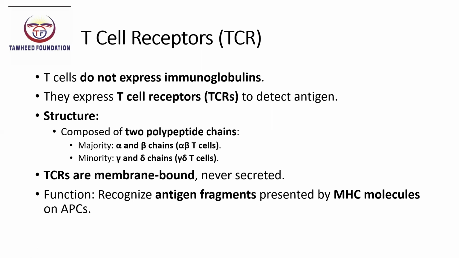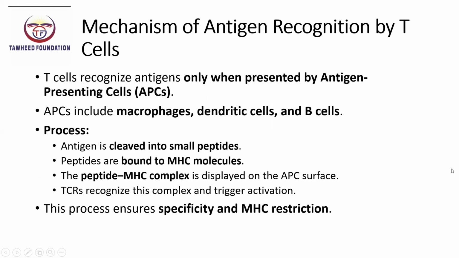The majority of T cells express alpha and beta chains, alpha beta T cells, whereas a smaller subset expresses gamma and delta chains, that is gamma delta T cells. TCRs are never secreted. They are solely used for recognition of antigen fragments presented on MHC molecules of antigen presenting cells. This receptor is central to T cell activation and ensures antigen specificity and MHC restriction.